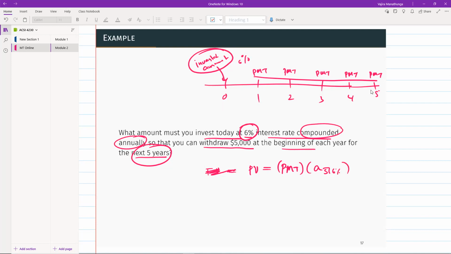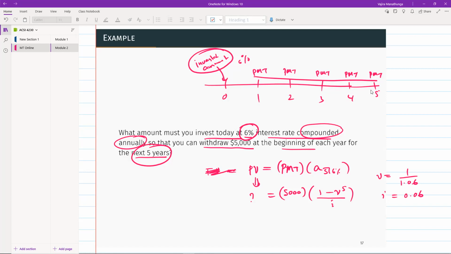So present value, that's the question. Payment is 5,000, and then this formula: 1 minus v^5 over d. And v is 1 over 1.06, i is 0.06. So you can solve it mathematically.